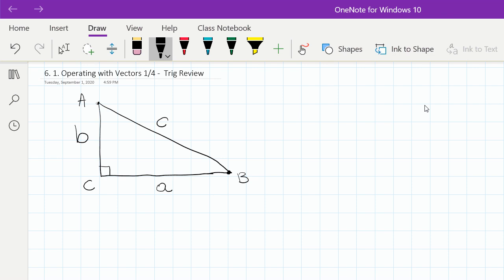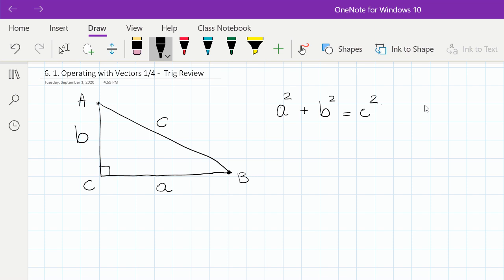The famous formula that you all already know is known as the Pythagorean theorem. So it is a squared plus b squared is equal to c squared, which is telling you that the length of the line segment a to the power of 2, added to the length of the line segment b to the power of 2, will give you the length of line segment c to the power of 2.